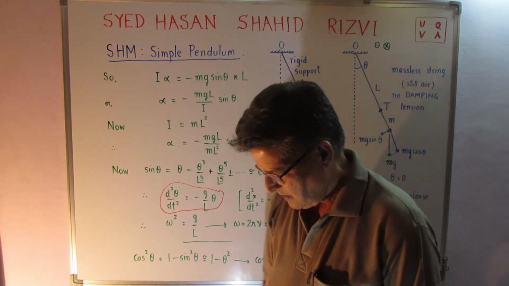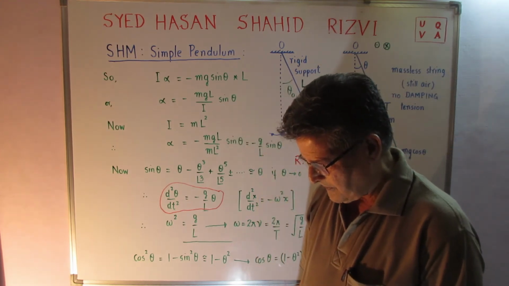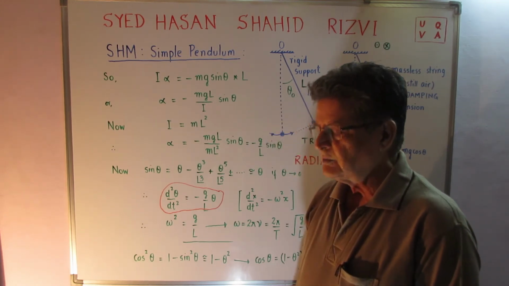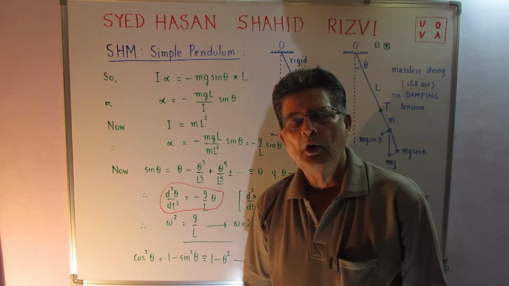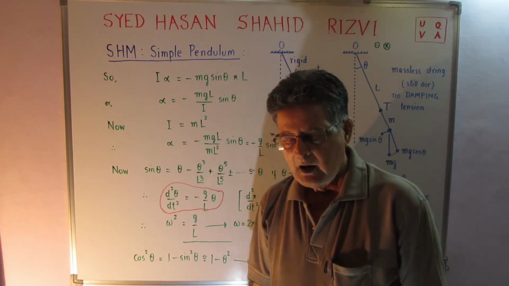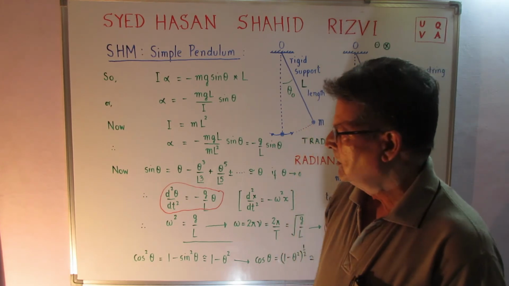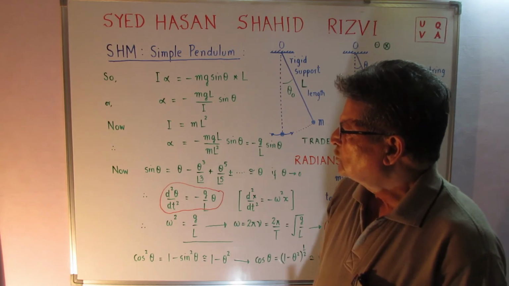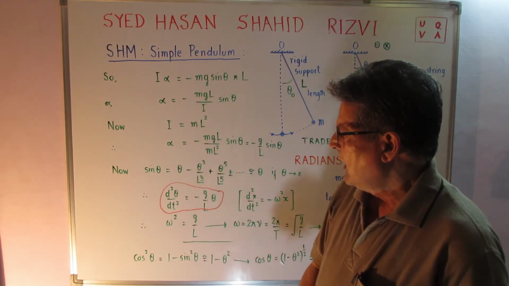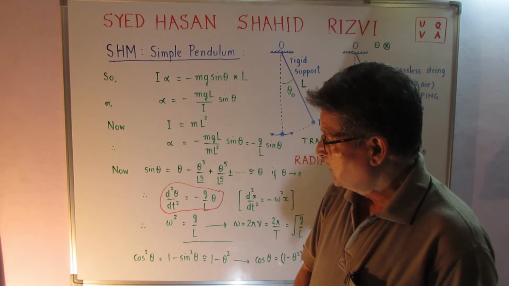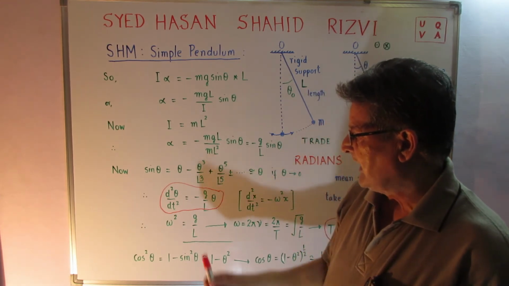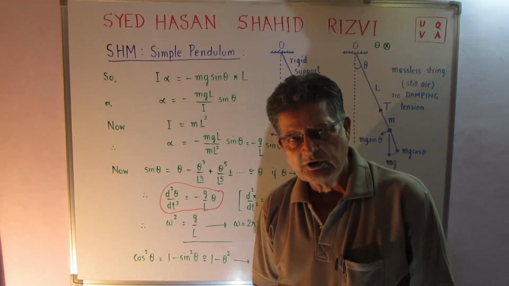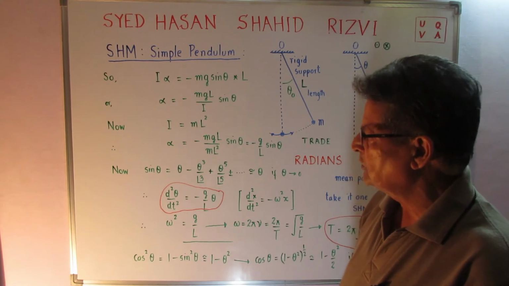And now that I have described simple harmonic motion in terms of d2x upon dt2 is equal to minus omega square x, and this omega square is equal to k upon m, etc., and then taken you through the different things, you can also talk about the total energy of the system, kinetic energy, the potential energy, the total energy, like has been done for the simple harmonic oscillator.